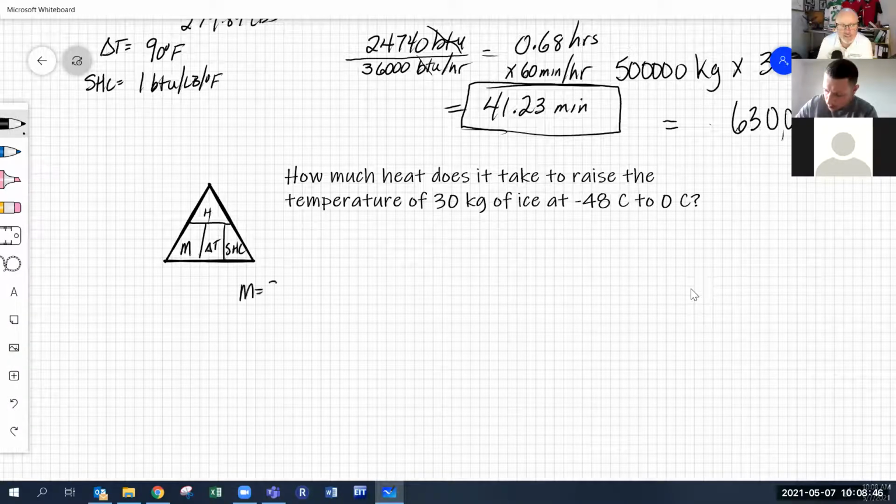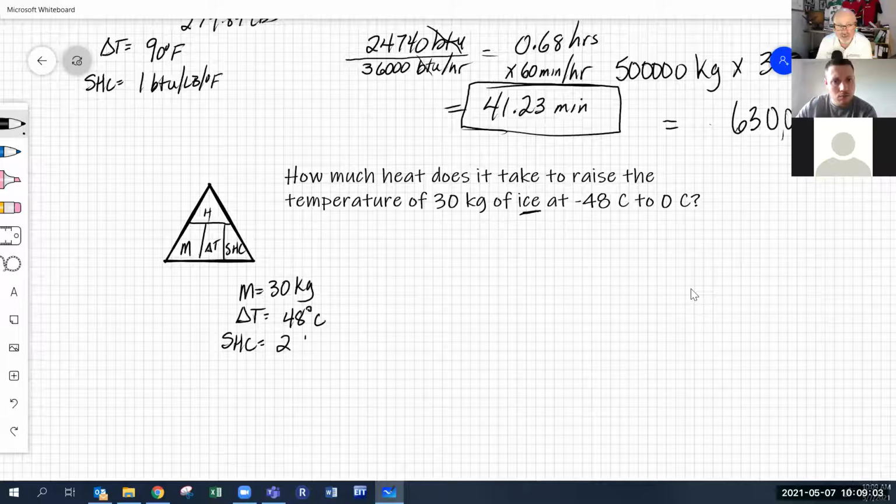Our mass is 30 kilograms. Our delta T is 48 degrees C. Our specific heat capacity for ice in metric is 2 kilojoules per kilogram per degree Celsius.